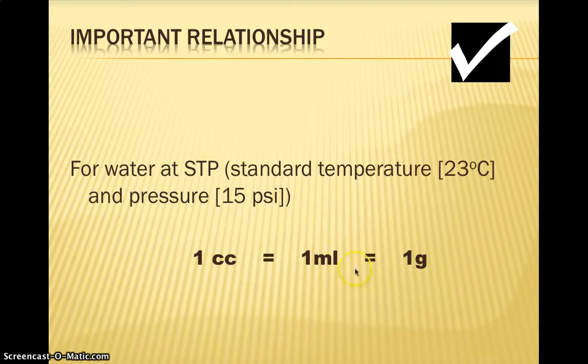That's the same thing as 1 milliliter. They're equal quantities. And 1 milliliter is the same thing as 1 gram, when we're talking about water, of course. You could see them written out in any way. Now, if the temperature changes or the pressure changes, these volumes can expand, and they will no longer be equal. But normally, these are equal measurements for water.